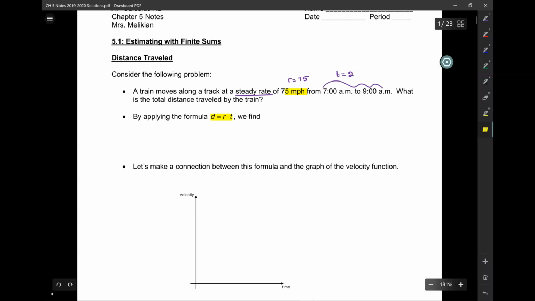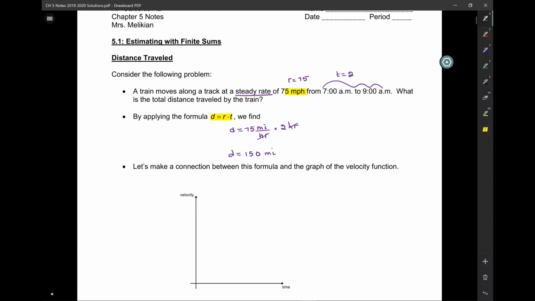Distance equals rate times time. And if we want to know the distance that's traveled, we can say, well, the distance is 75 miles an hour times 2 hours. And when we do this, the hours will cancel. And so I have that the distance is 150 miles.